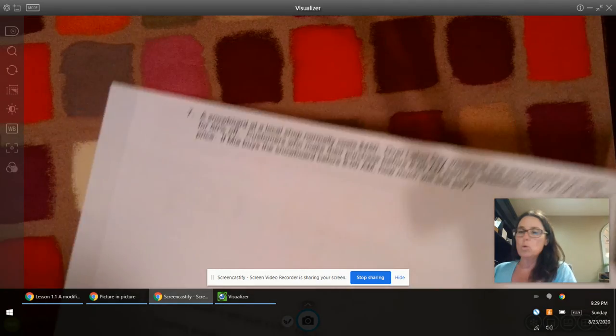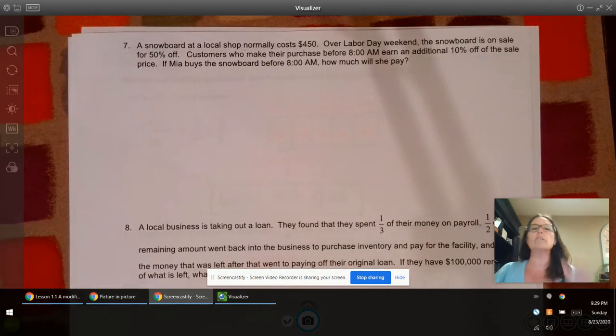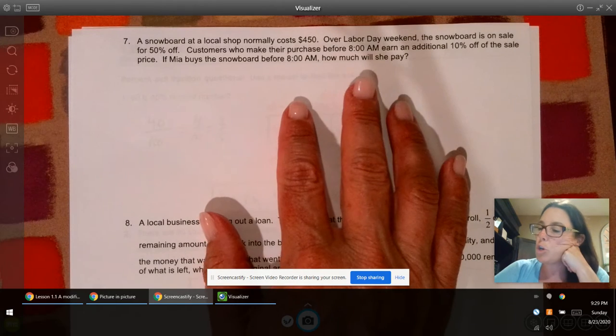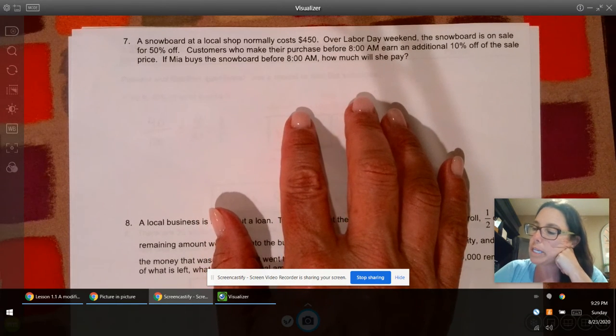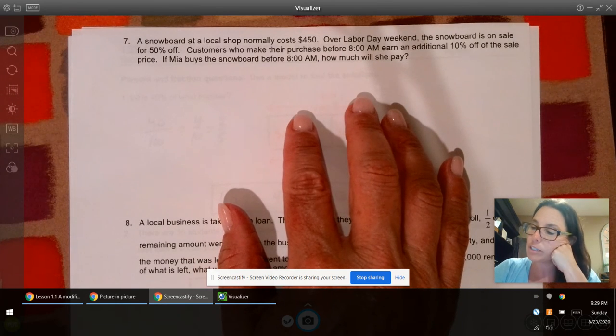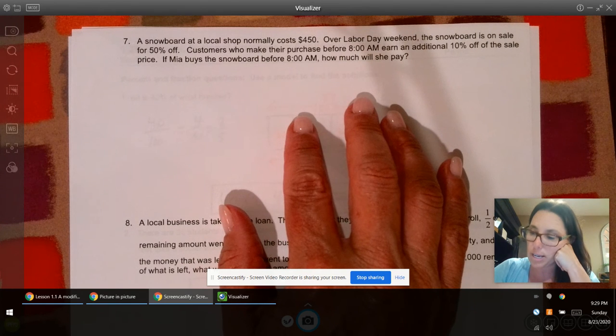You will see this question over and over and over again this year. It's very important to understand this concept. It says a snowboard at a local shop normally costs $450. Over Labor Day weekend, the snowboard is on sale 50% off. Customers who make their purchase before 8 a.m. earn an additional 10% off the sale price. If Mia buys the snowboard before 8 a.m., how much will she pay?